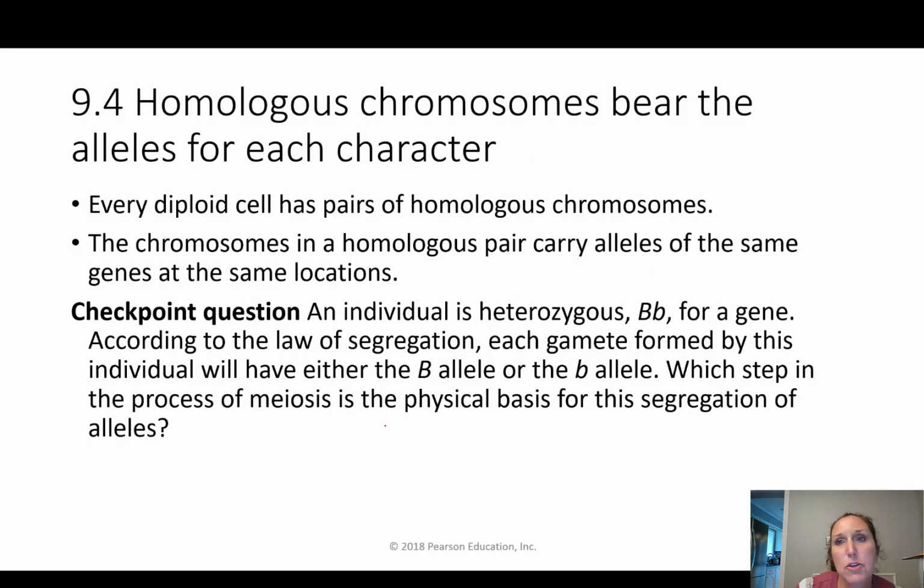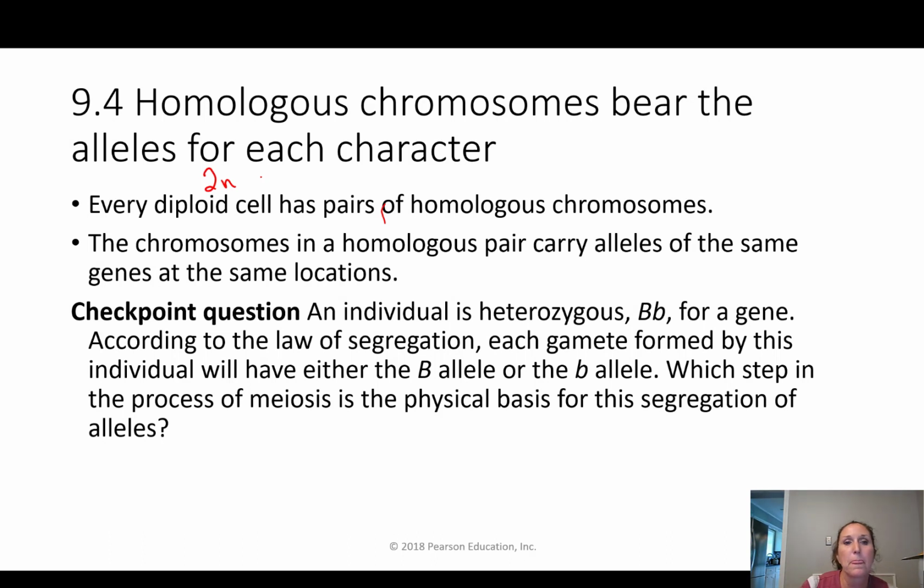So homologous chromosomes bear the alleles for each characteristic. Every diploid cell, that's, remember, 2N, that means you have 2 alleles, has pairs of homologous chromosomes. The chromosomes in a homologous pair carry alleles of the same gene at the same location.